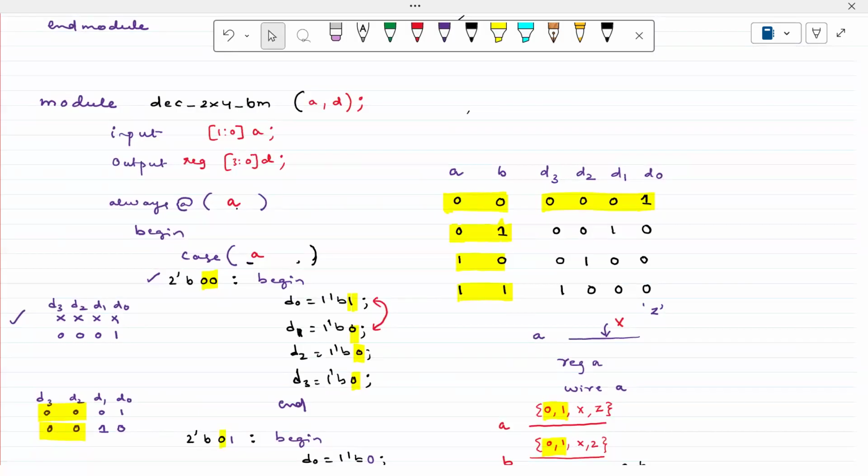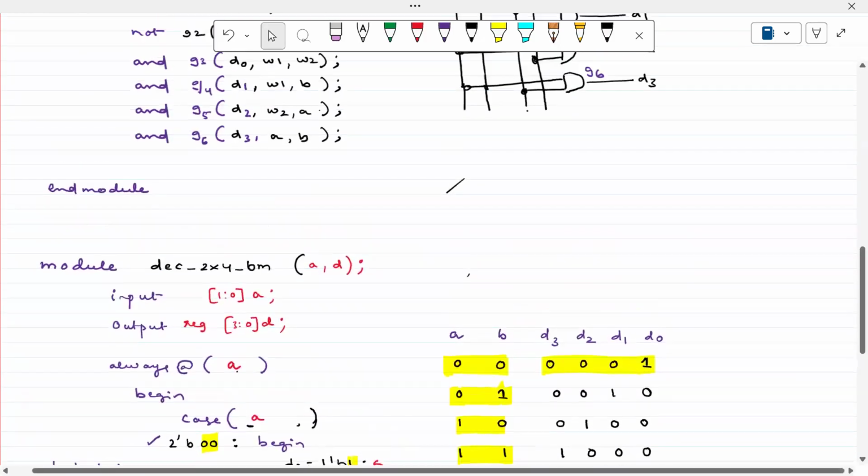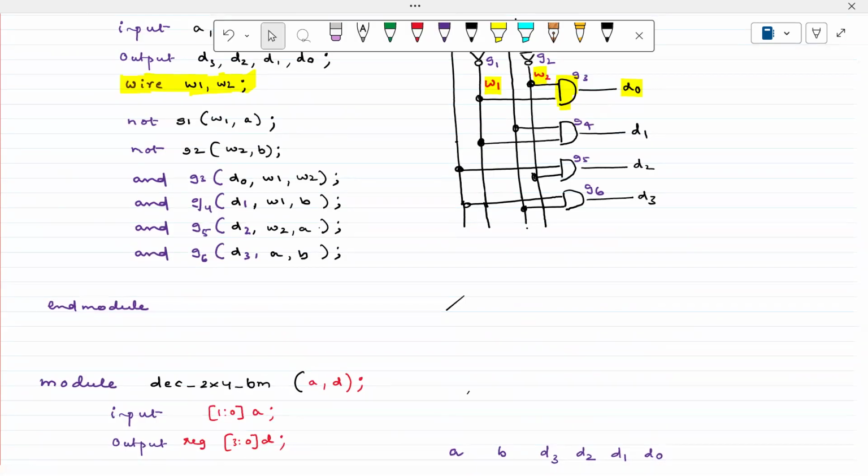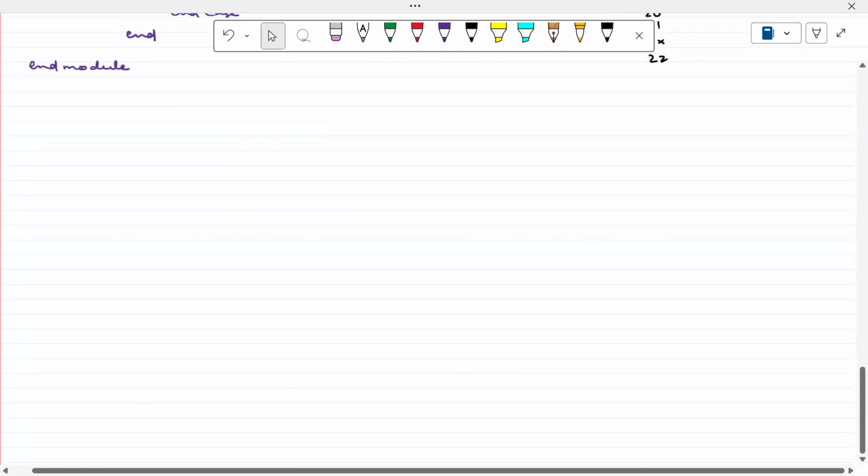And then the second part is vector notation that we have seen. And the third part also I want to tell you, because we are going to see the structural modeling in the next lab. What is that one? See, generally, if you want to design a 3x8 decoder by using the 2x4 decoder, my requirement is something like this.